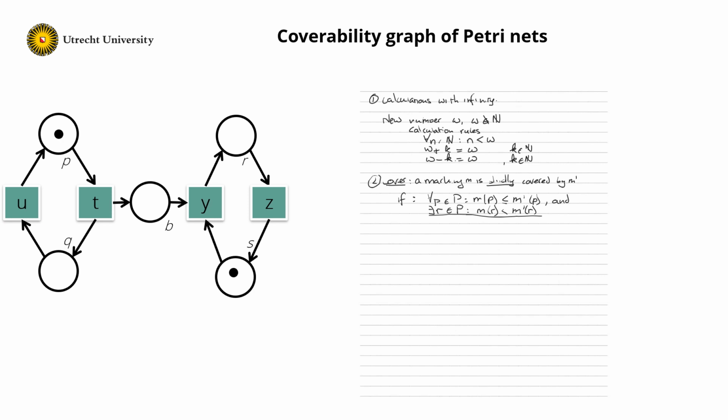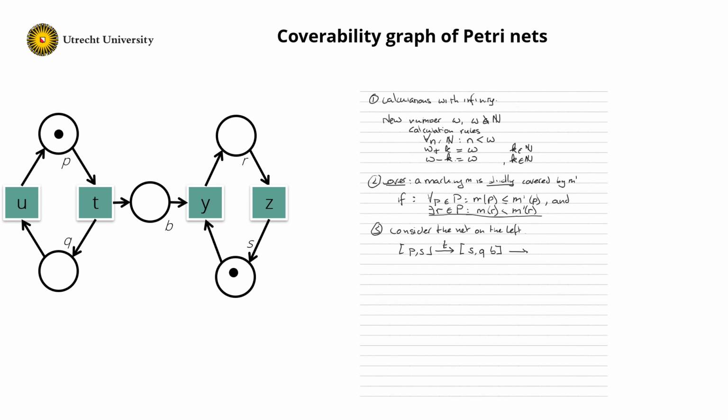Now consider our net on the left. If I start with the reachability graph, then I start in a marking where there is a token in place P and one token in place S. And in this marking, I can fire transition T. Firing transition T yields the marking S, Q, B. And in this marking, transition U can fire.